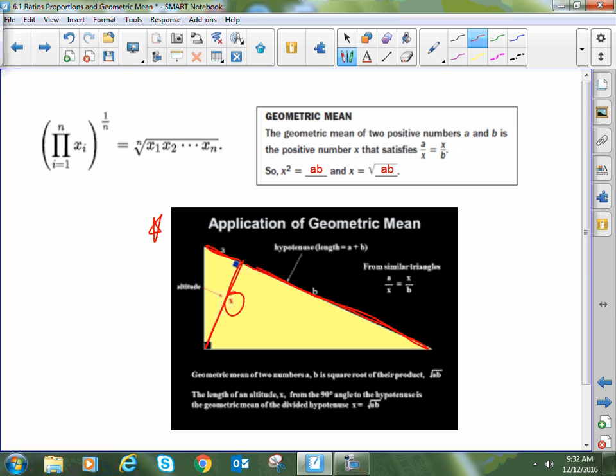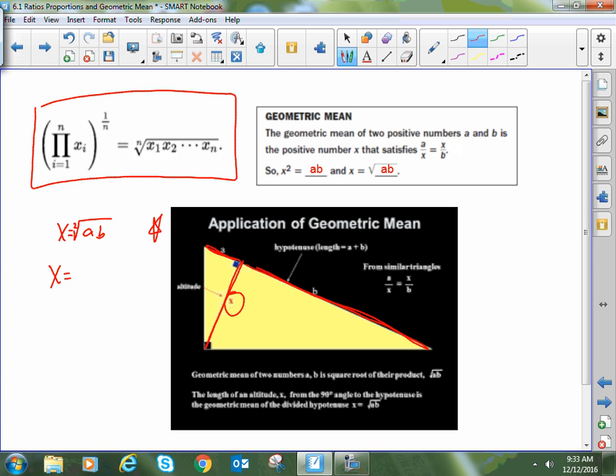What I have here is a more appropriate definition of what the geometric mean is. So in the example in the box we have x is equal to the square root of a times b. Well, I'm taking the square root because I'm multiplying two values together. I can do the geometric mean with more than that.